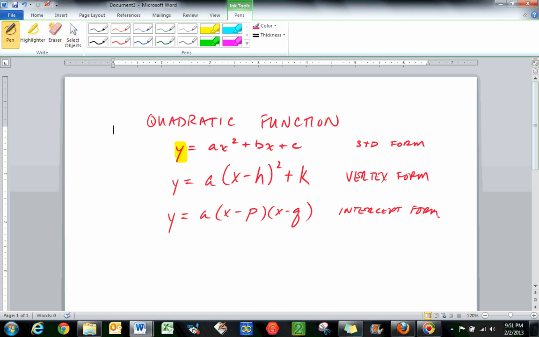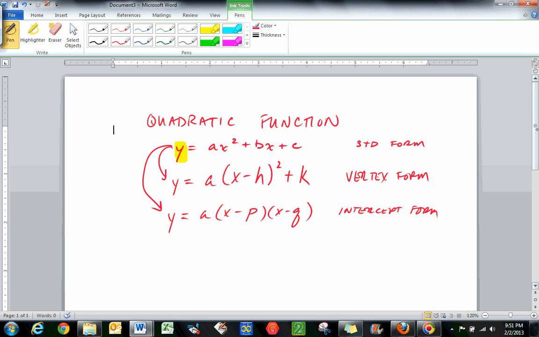Now, what I want to show you today is that given the standard form of a quadratic function, if you wanted to graph this and you were uncomfortable with the process of the standard form, there's actually a way to convert the standard form to either the vertex form or the intercept form.